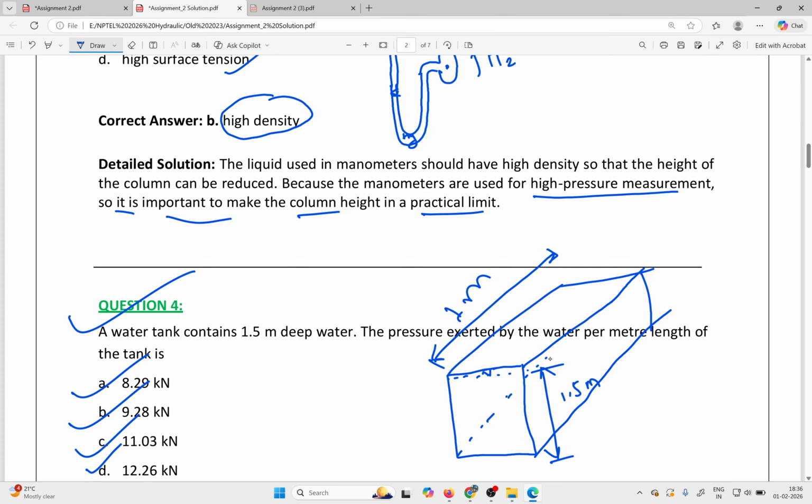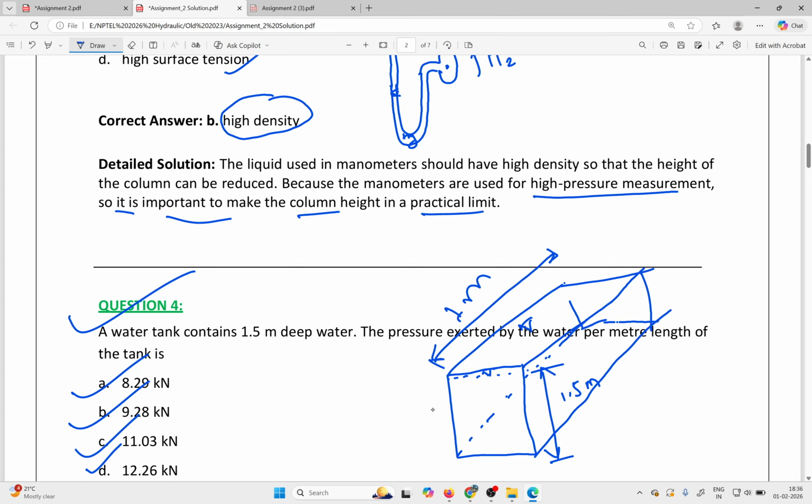So you have to calculate, and the water depth is 1.5 meter. So the pressure exerted by water per meter length of the tank.